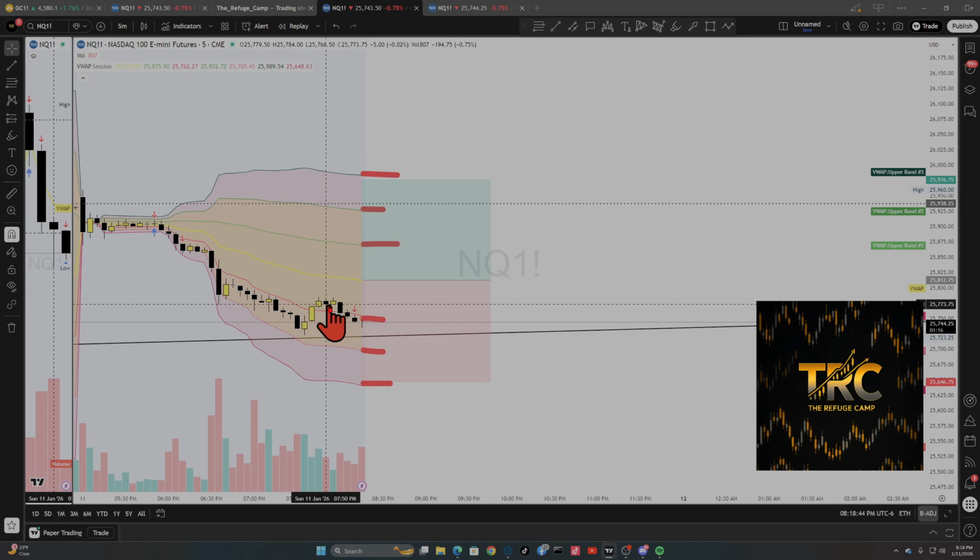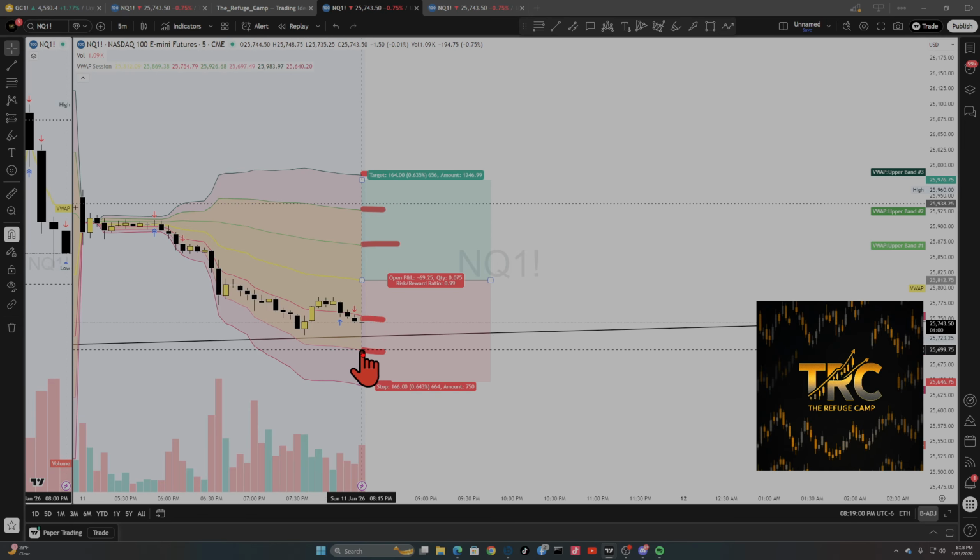And when you understand standard deviations of VWAP, you understand that price very seldom lives outside of 2 deviations from VWAP. So these 2 channels right here underneath, right? Very seldomly will you get any lower than that second channel. And if you do, that means there is high volume.